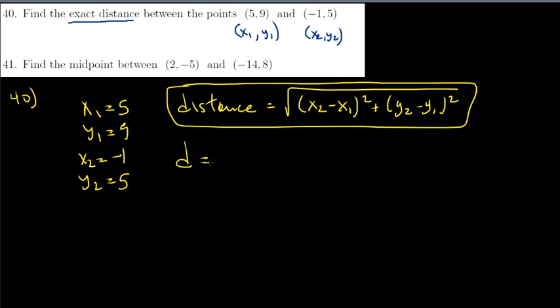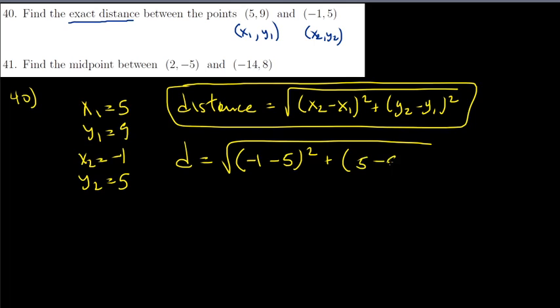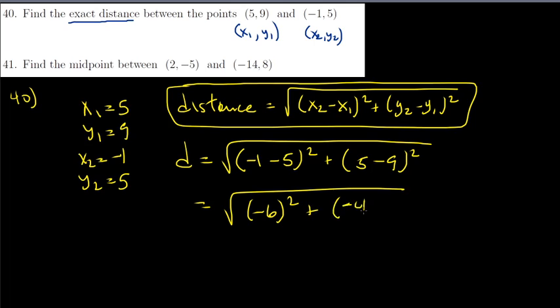So just plugging in the numbers now, we're going to get the square root of negative 1 minus 5 squared plus 5 minus 9 squared. So negative 1 minus 5 is negative 6. 5 minus 9 is negative 4.